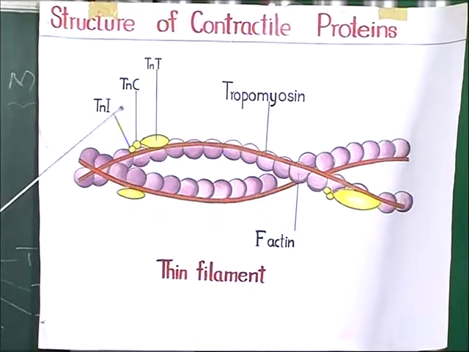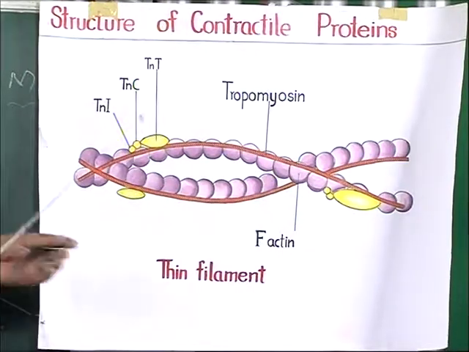This TNT binds to the tropomyosin. See here, this TNT is attached to this tropomyosin. This TNC binds to the calcium ion, and this TNI inhibits the myosin actin binding site.